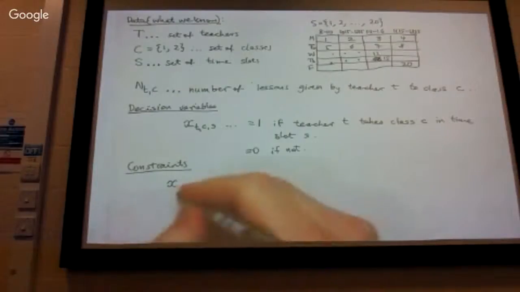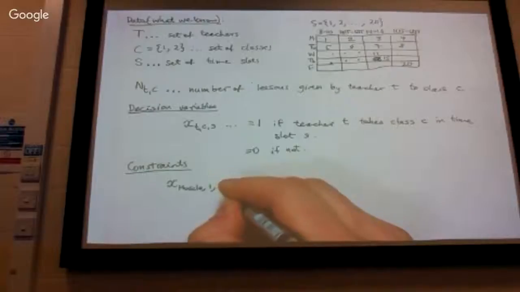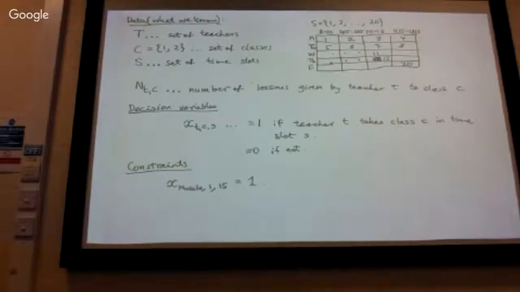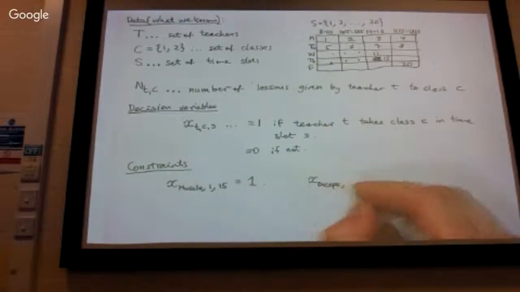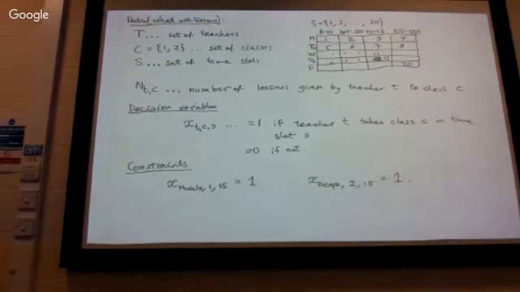Muscle, class 1 and time slot 15 has to be 1. And the other one is biceps, class 2, slot 15, has to be 1. So that's how you say this particular teacher, this particular class has to happen in time slot 15.